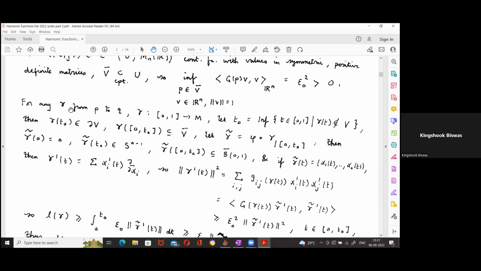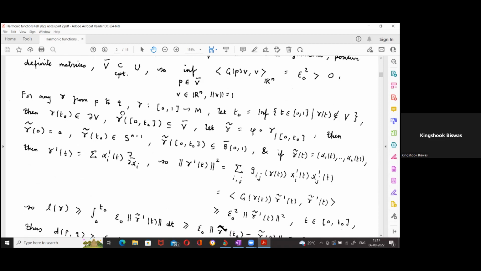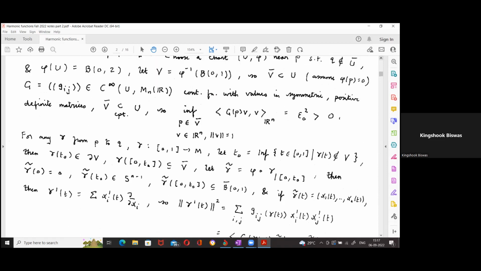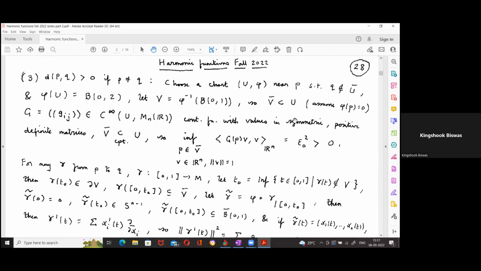Now take any curve gamma from P to Q, which is piecewise C1. Suppose it's defined on the interval [0,1]. Now Q is outside this chart U closure. So gamma eventually has to leave this neighborhood V. So let's look at the first time when you leave the neighborhood V. Let me call that t naught.